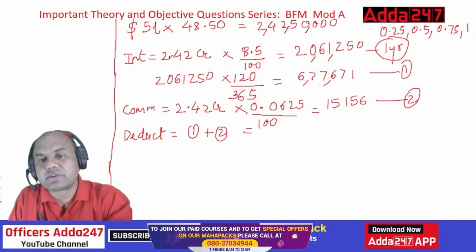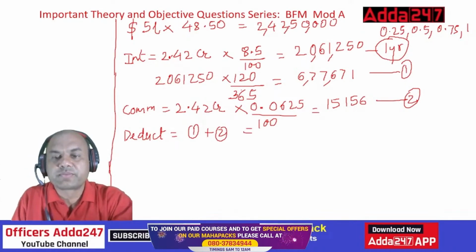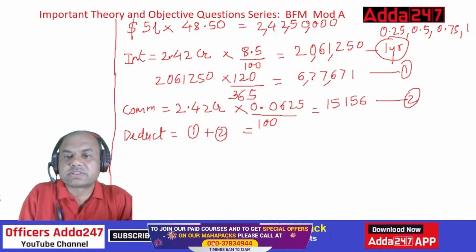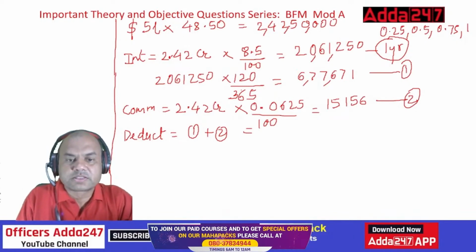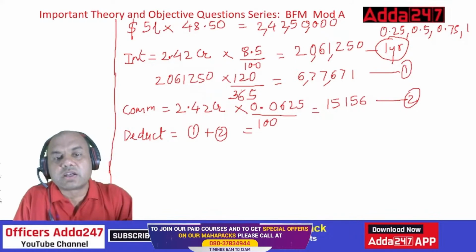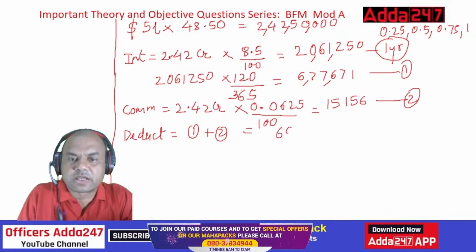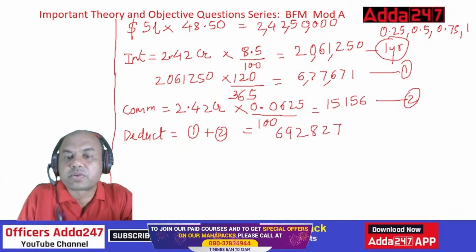What is 1 plus 2 now? 677,671 plus 15,156. Do it. 677,671. So it is 692,827. This much amount is to be deducted.